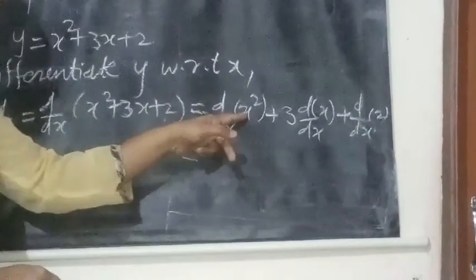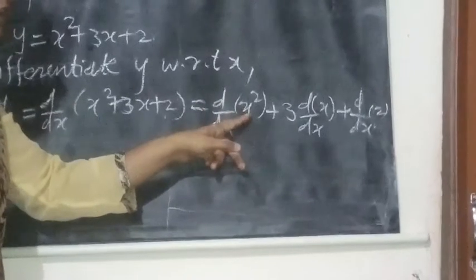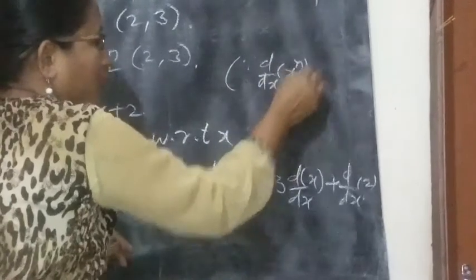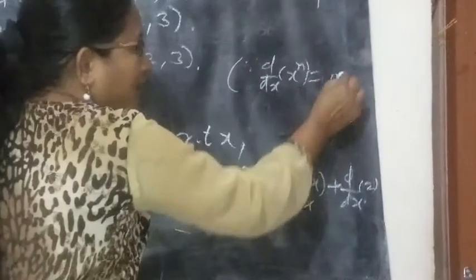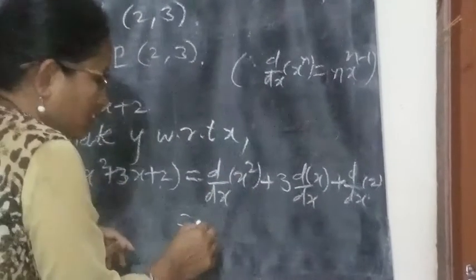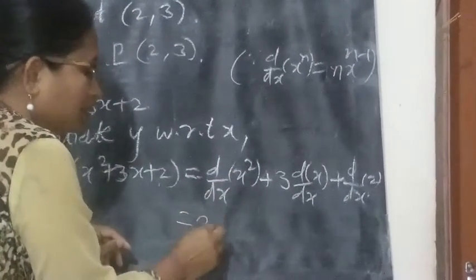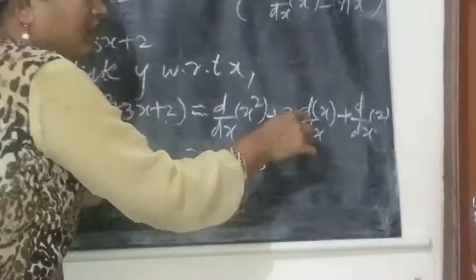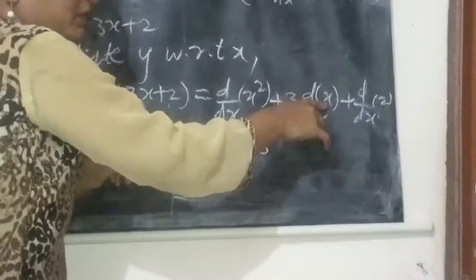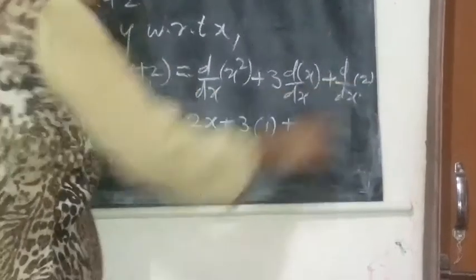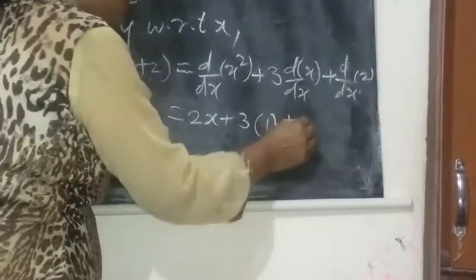Therefore here d by dx of x square, which is in the form of d by dx of x raised to n, and we know the formula n x raised to n minus 1. So similarly here n means 2, so 2 x raised to 1, that is 2x, plus 3 d by dx of x, that is dx upon dx, that is 1, and d by dx of 2 is a constant, therefore its derivative is 0.